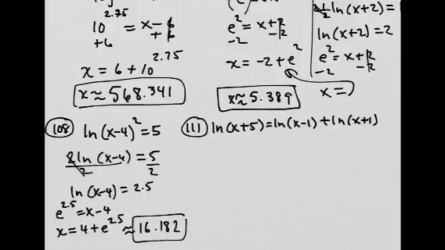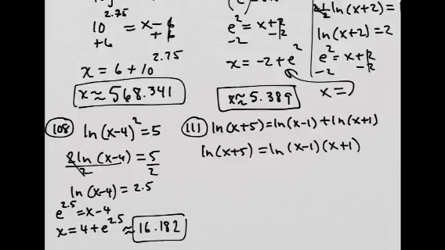Okay, so I'm going to combine these two logs as a single log so that I can drop the logs in the second step. So the left side stays the same. On the right, the sum of two logs is the log of the product, like that.